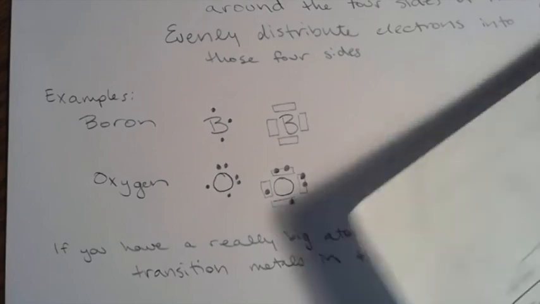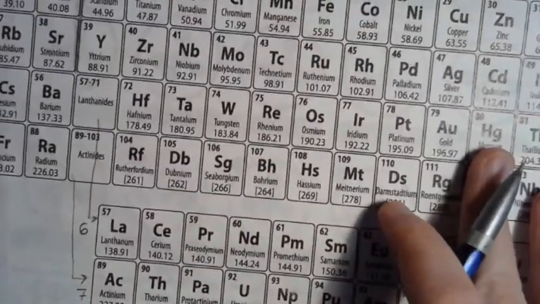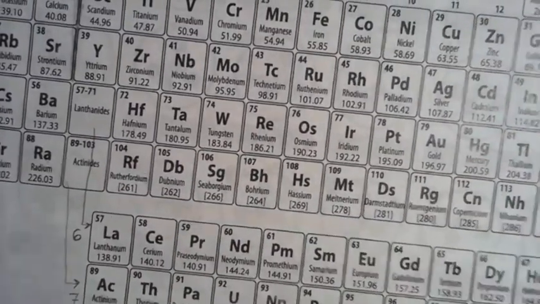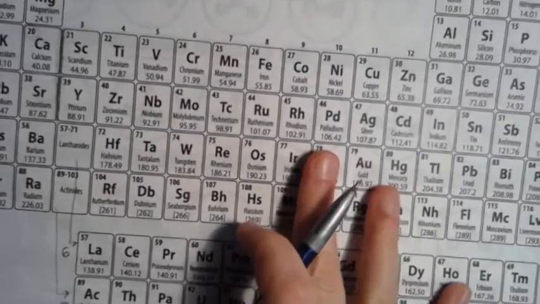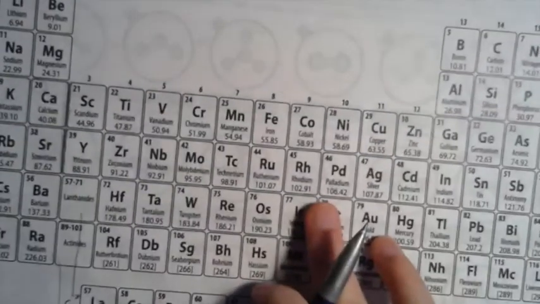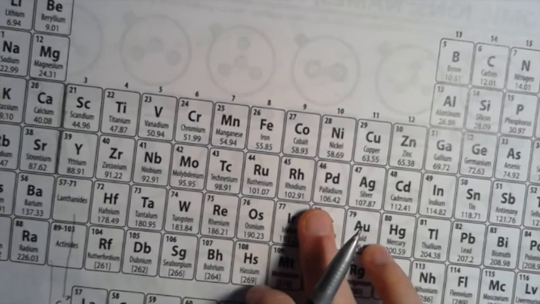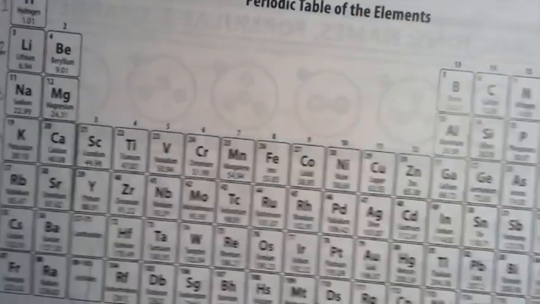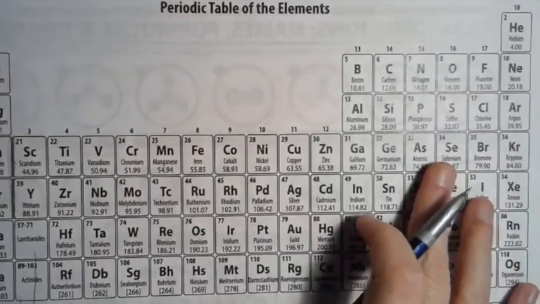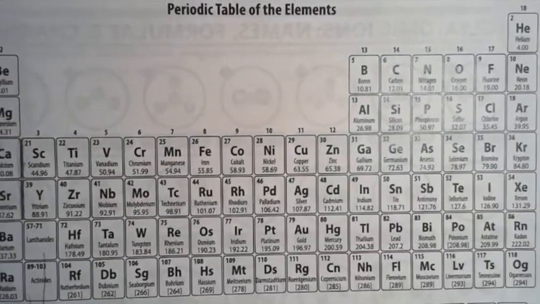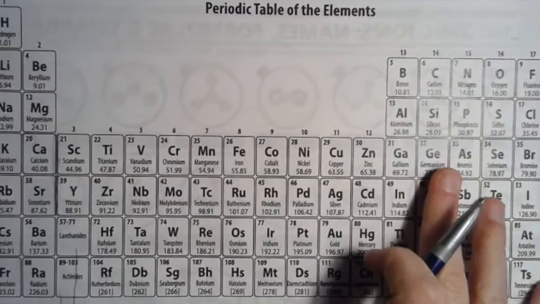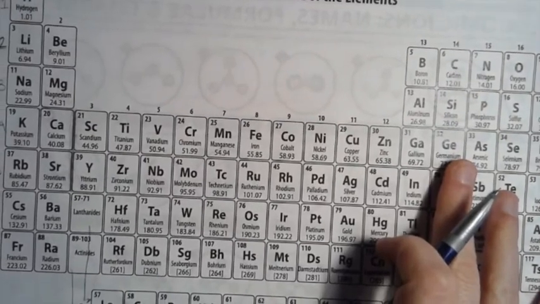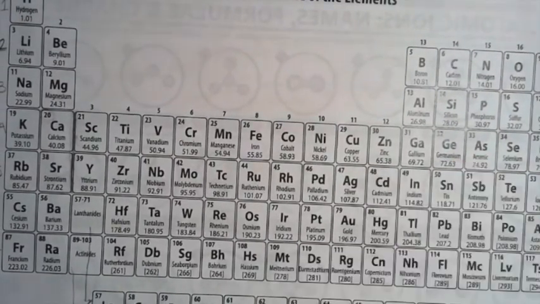Let's do it. Everything that we did with the first 20 elements, we said skip the middle because there's nothing printed there. Now we're just going to say skip the middle.